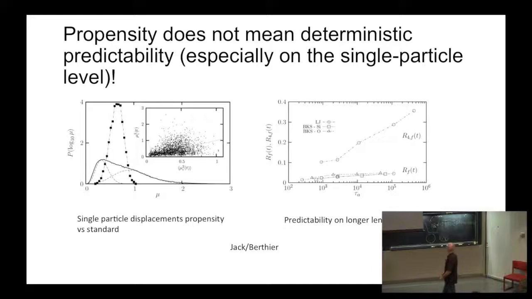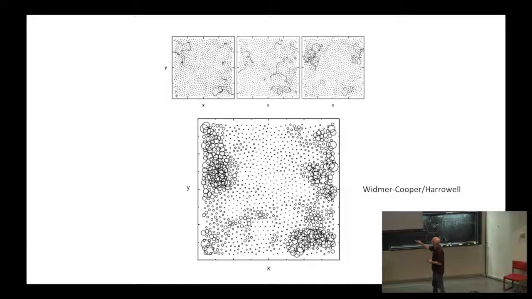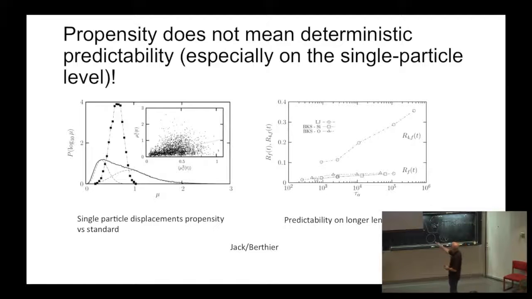But what's actually interesting, and this sort of connects to the growing dynamical length scale business that we talked about before, is if I take regions and I just average over a small local environment, then actually that does become more and more predictive. If I actually say, what is the probability that I have motion in this region instead of that this particular particle moves, then you actually do see a decoupling between those things.